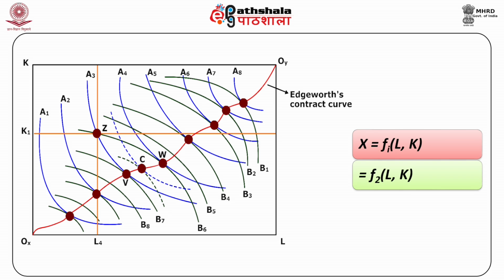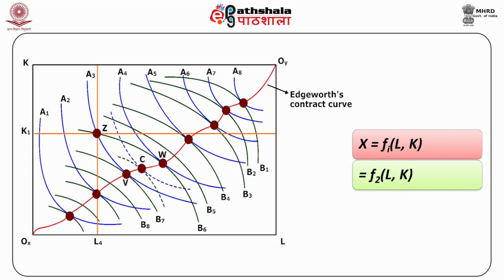Now, excluding the point Z because it is not an optimal point, we pick up all those points at which the two isoquants A and B as a family of isoquants, as a set of isoquants are successively in tangency with their paired isoquant. Therefore, as we have said, there are pairs.